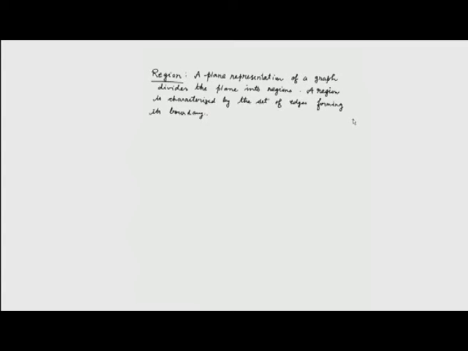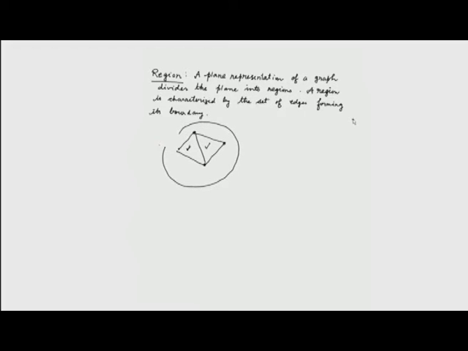Now, let us look at some examples. Let us look at a planar graph like this, which is reasonably straightforward kind of graph. Now, this is a planar graph, and we see that its edges are forming regions, and there is another region which is outside this graph.